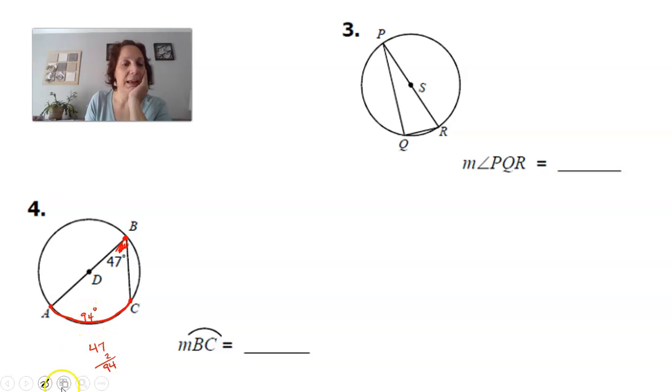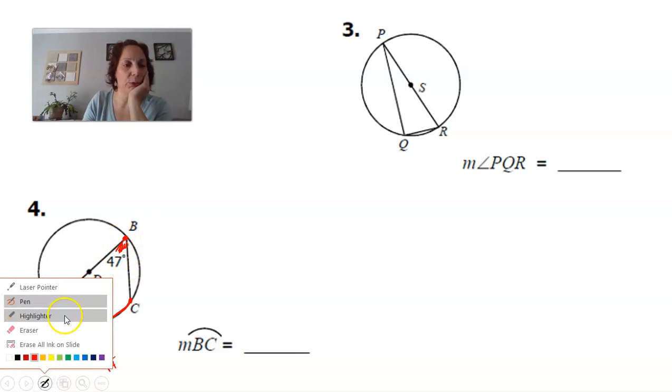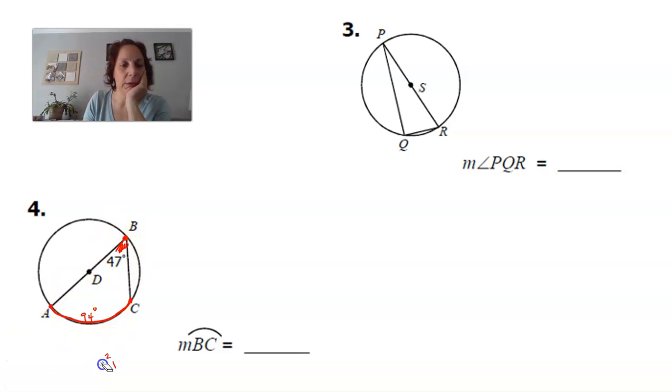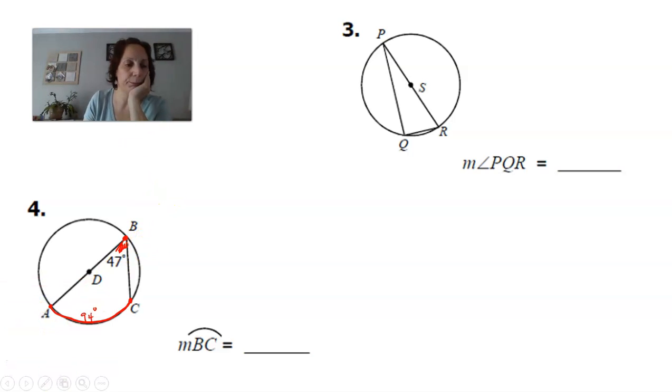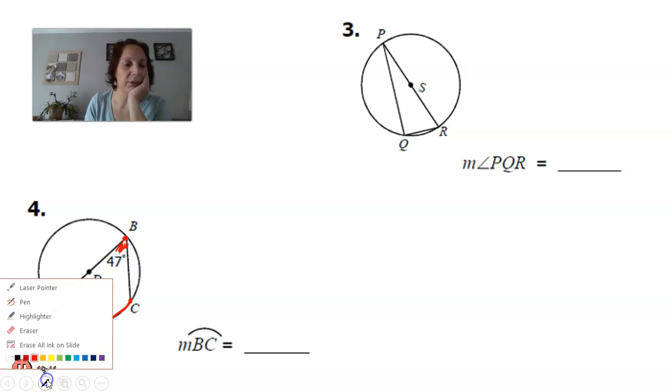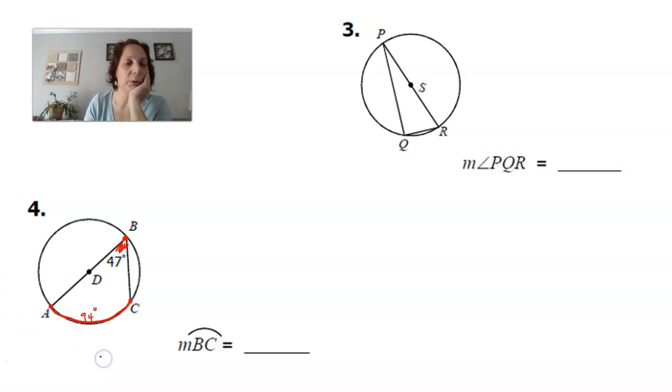All right, now, how in the heck is that supposed to help me get to arc BC, which is the one I want? Because I know that the whole circle has to be 360, right? But I know something else as well. Notice in this picture, I'm not guessing. They put a diameter in this picture.